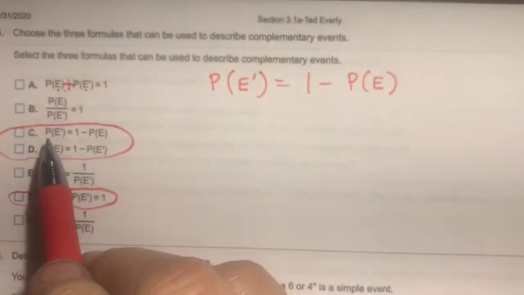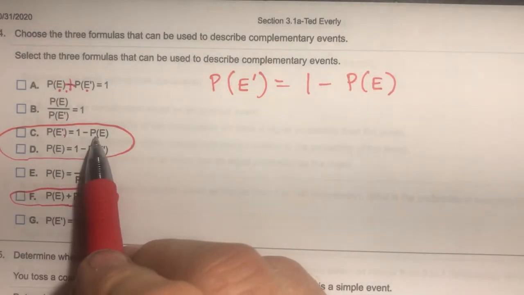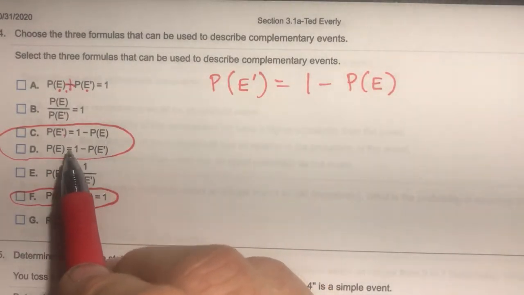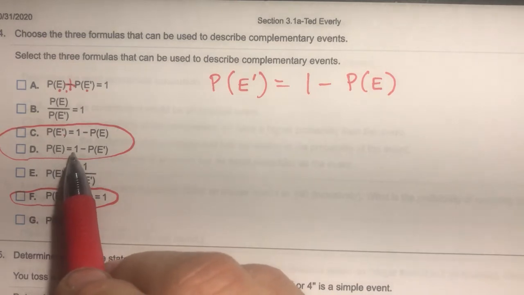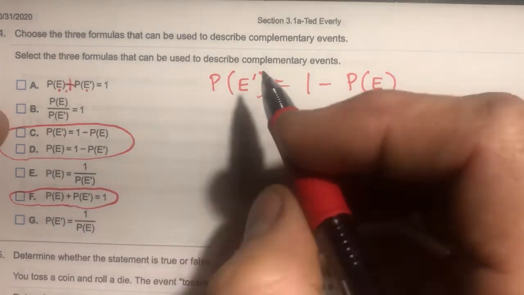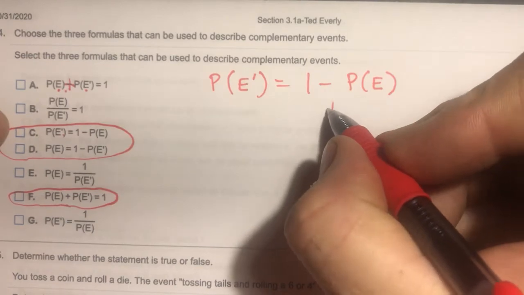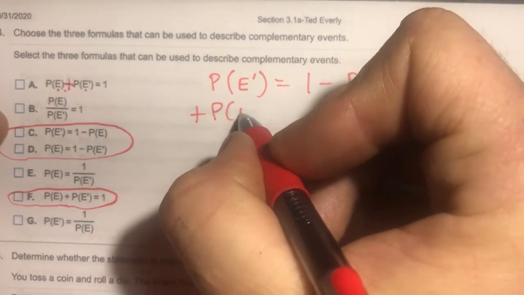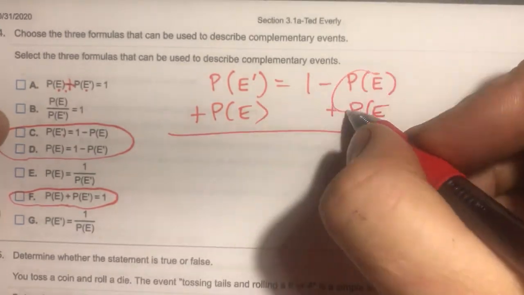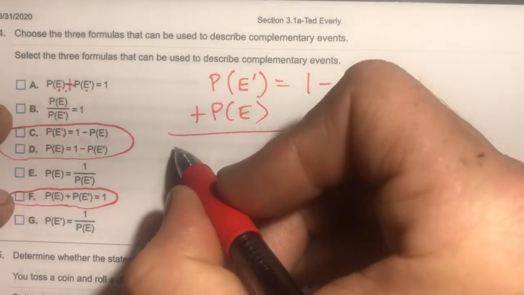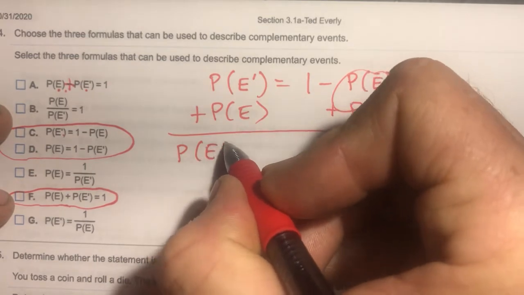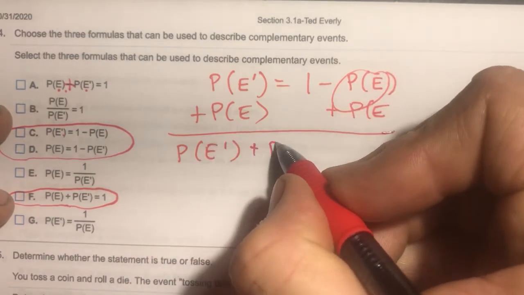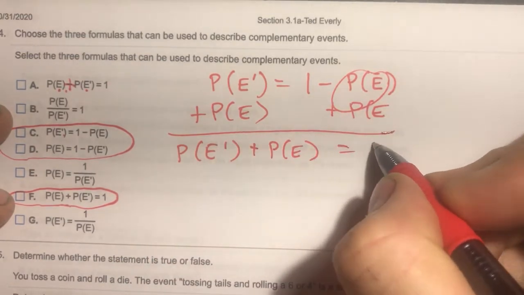The probability of a complement equals 1 minus the probability of that event. And then the probability of the event is 1 minus the probability of the complement. See, I can add this to both sides, which makes this go away, just doing some algebra here. And so P of E prime plus P of E equals 1.